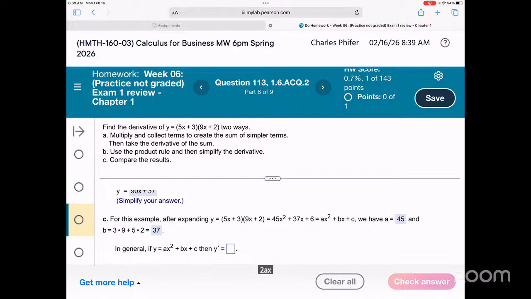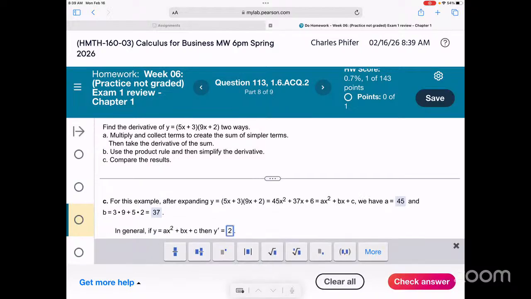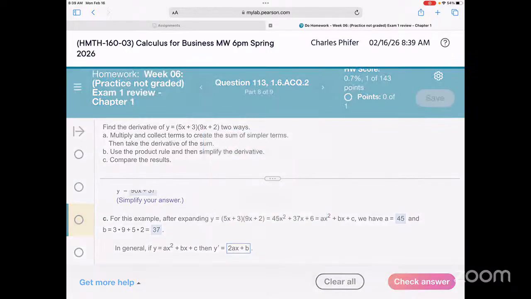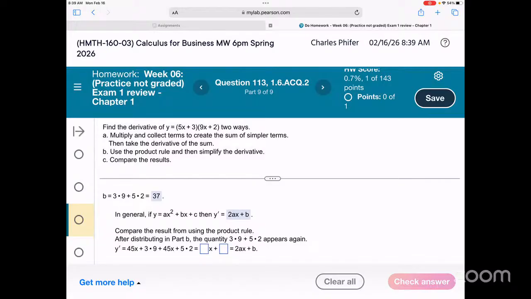2ax plus b. Compare the results using the product rule after distributing in part B. Is that 45 plus 10?